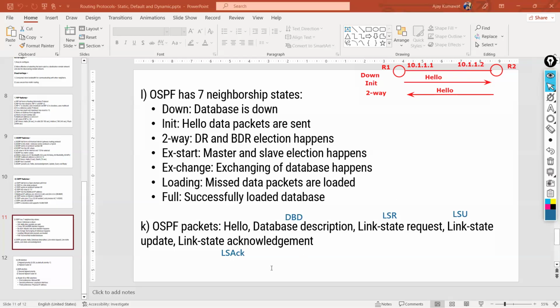What they will do is, I will share a database packet, but I will not share any information with it, because we don't know who has to share the database first. So they will share empty databases.